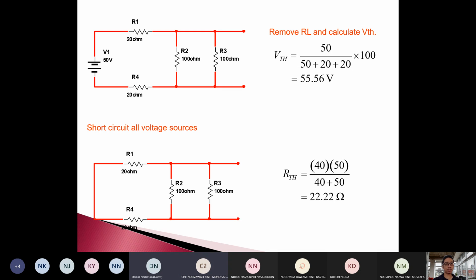Okay, you assume this circuit is short. So 20 akan jadi macam ni lah, 20. And then yang ni akan jadi 100 dengan yang ni 100.